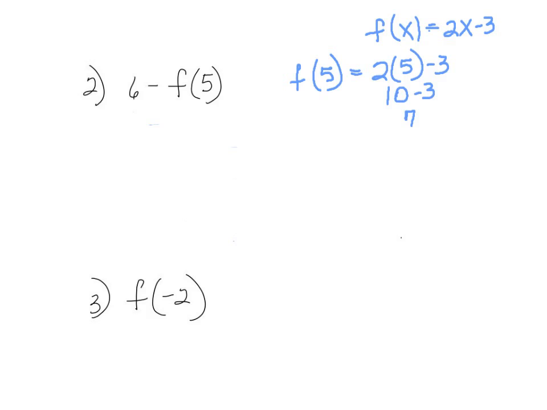So 6 minus the function of 5 would be 6 minus 7, which is negative 1, and that's the right way to do it. I had a little issue with my order of operations previously. So if your function notation is part of another expression, find that first and then substitute.